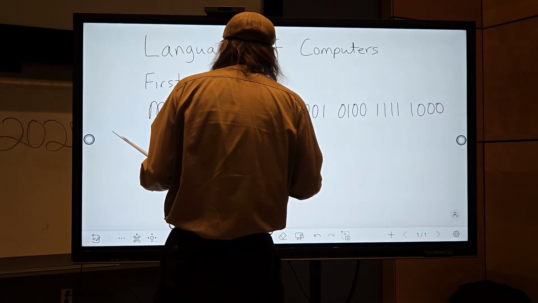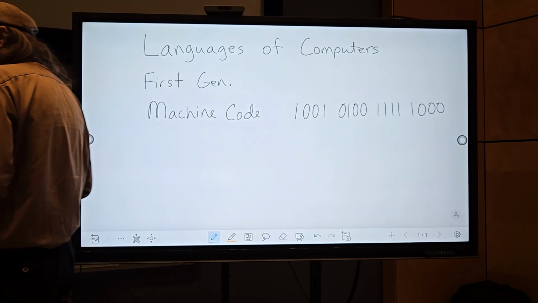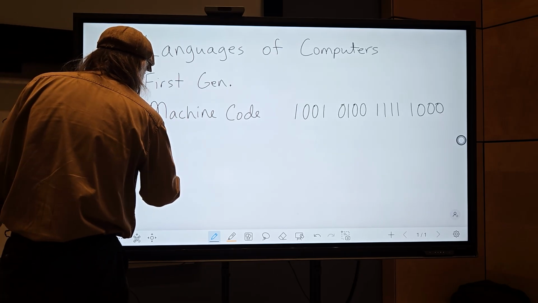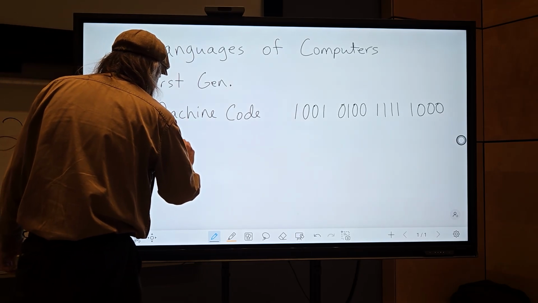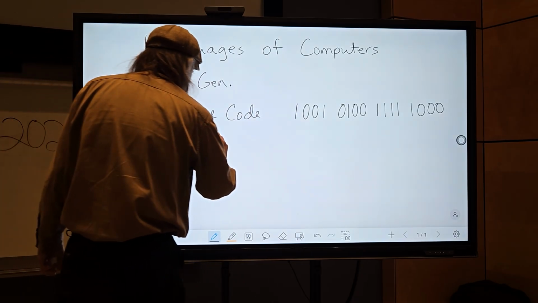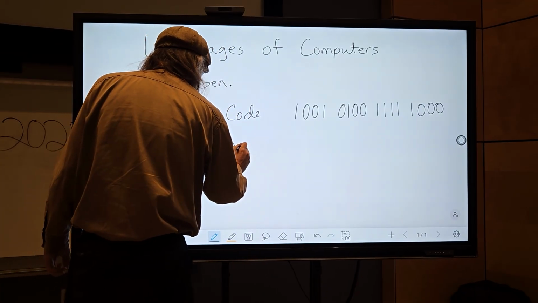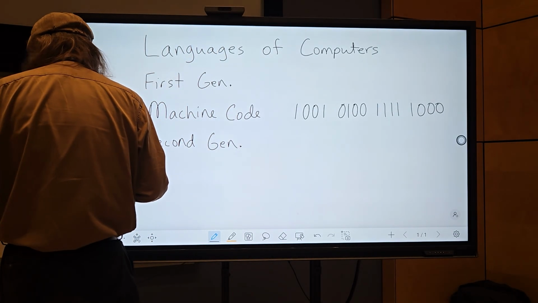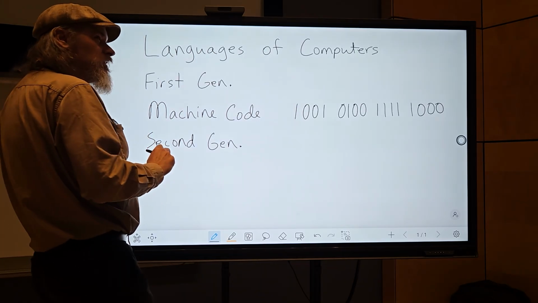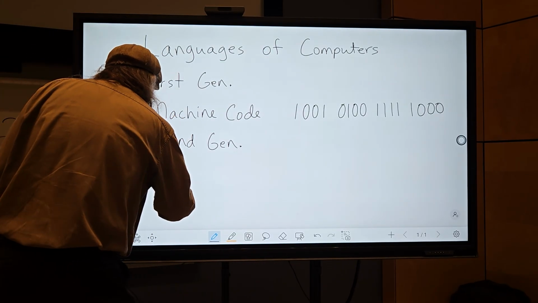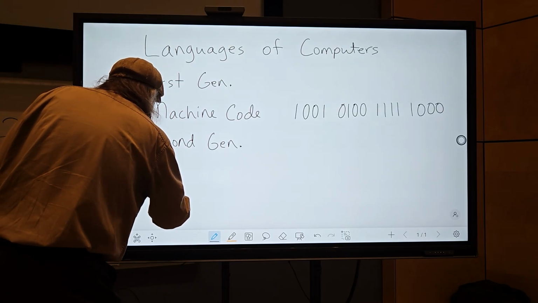So a second generation language was created in 1947 by Kathleen and Andrew Booth, as I recall. Assembly code.